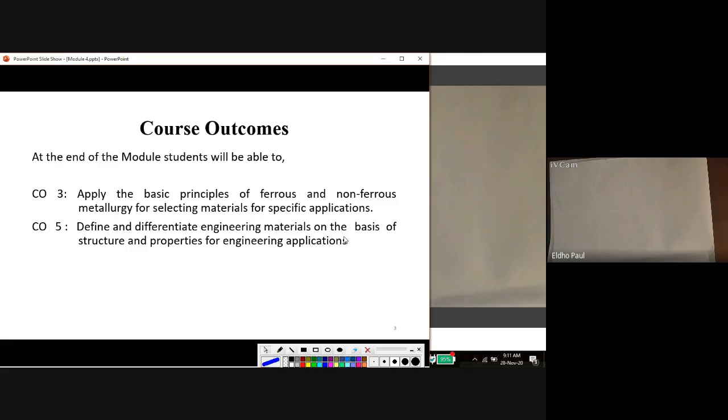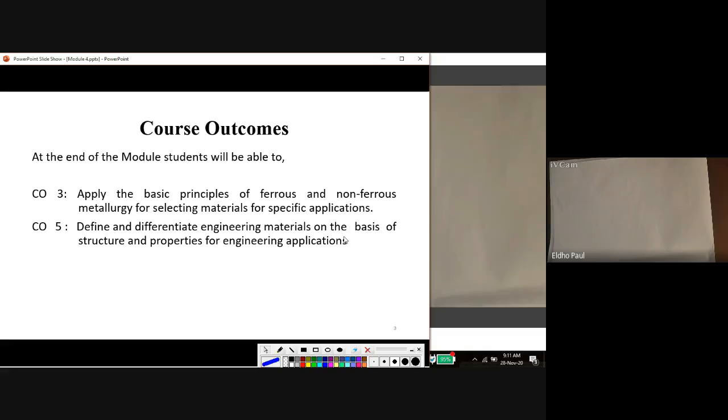For example, if you want to select a material to build a furnace, or a material for some coating for the engine, what is the best material available? We have a number of materials, ferrous as well as non-ferrous. By applying the theories we studied in the last two modules, we can select a material for a specific application. That is the first outcome you get from this module.